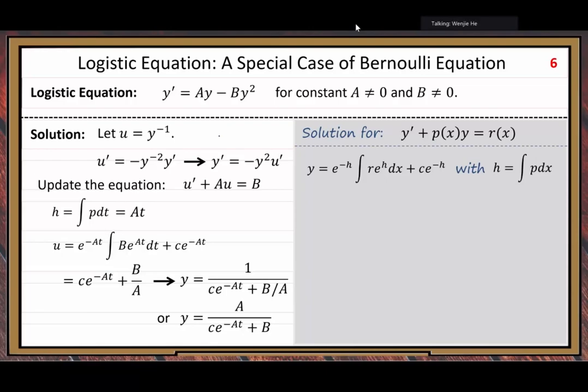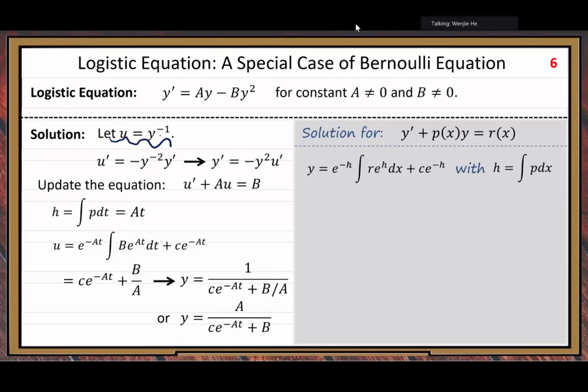And that little thing may cause some difference. Let me point it out. Look at our variable substitution step. In this step, you let u be the reciprocal of y.